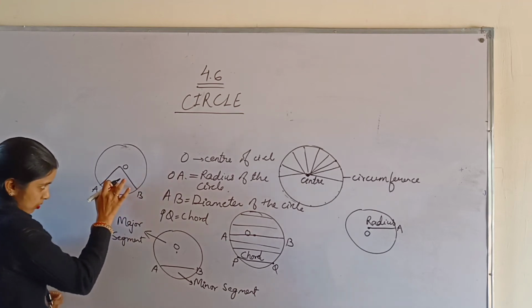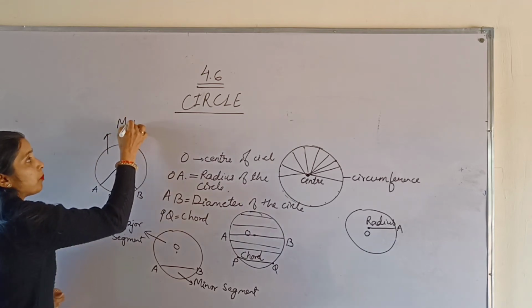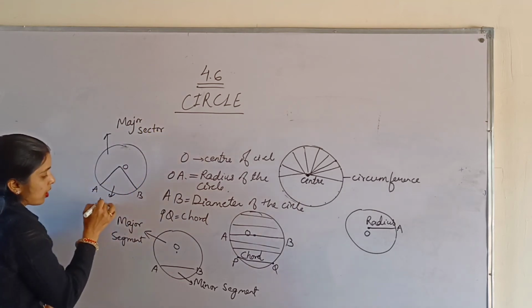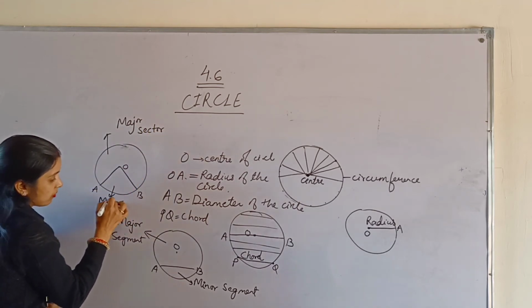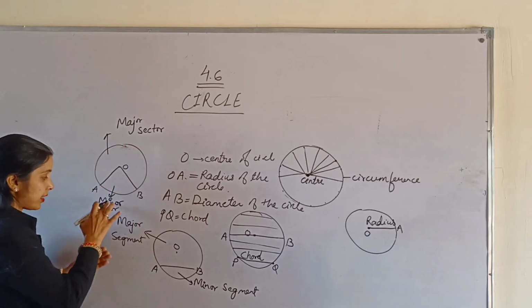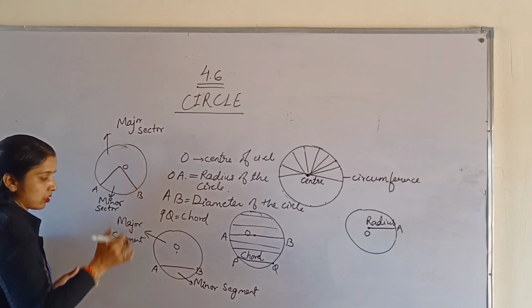Sector. This is a small part, this is a big part. The big one is called the major sector and the smaller is called the minor sector. Major means big, minor means small.